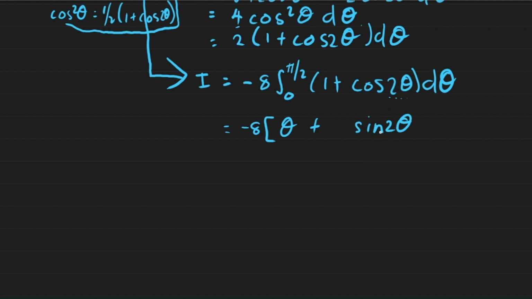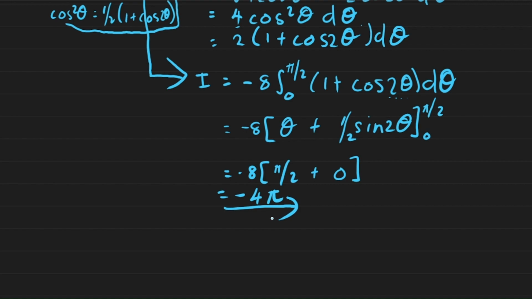So to cater for this 2 that's inside the sine, we have to put a half in front. And we're integrating from 0 to pi over 2. So when we do that, we get minus 8 into pi over 2 plus the half of sine of 2 times pi over 2. So 2 times pi over 2 is just pi. Sine of pi is just 0. So this means that the final answer is simply minus 4 pi.